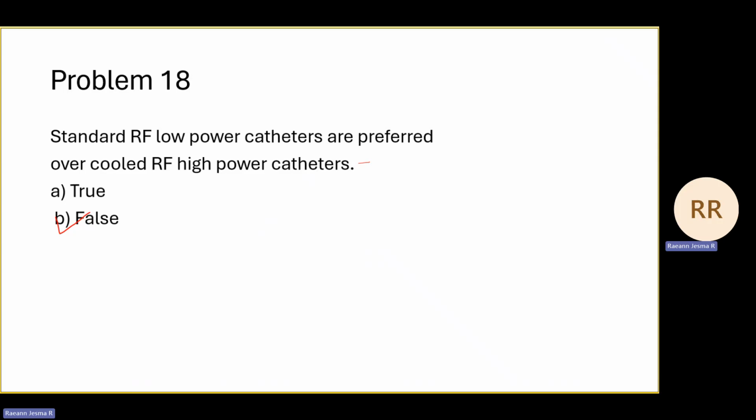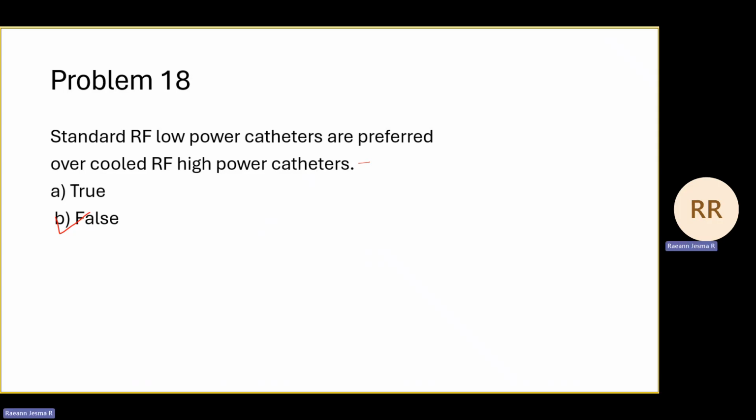This will prevent high temperature from forming at the tip of the tissue where the catheter tip is making contact. If a lot of energy is supplied through the catheter tip, and at the point of contact there is a lot of temperature, then some sort of coagulation will form, or the tissue may get burnt at the electrode tip.